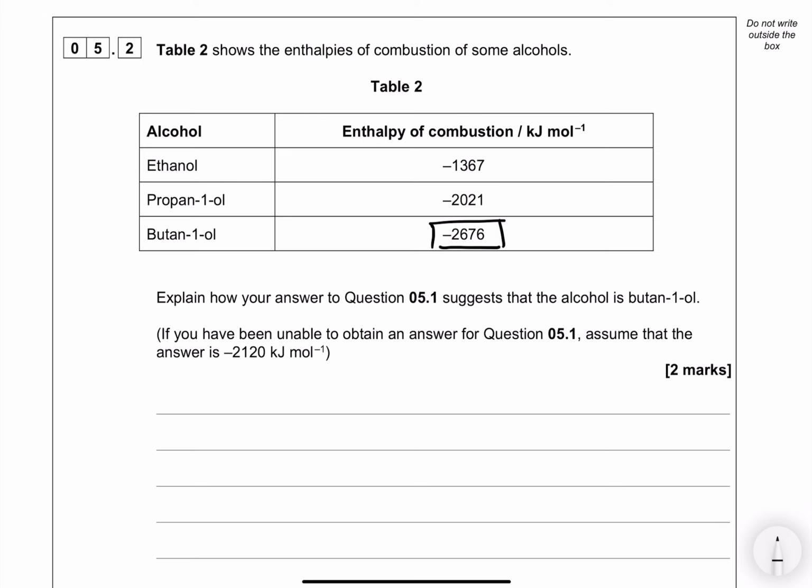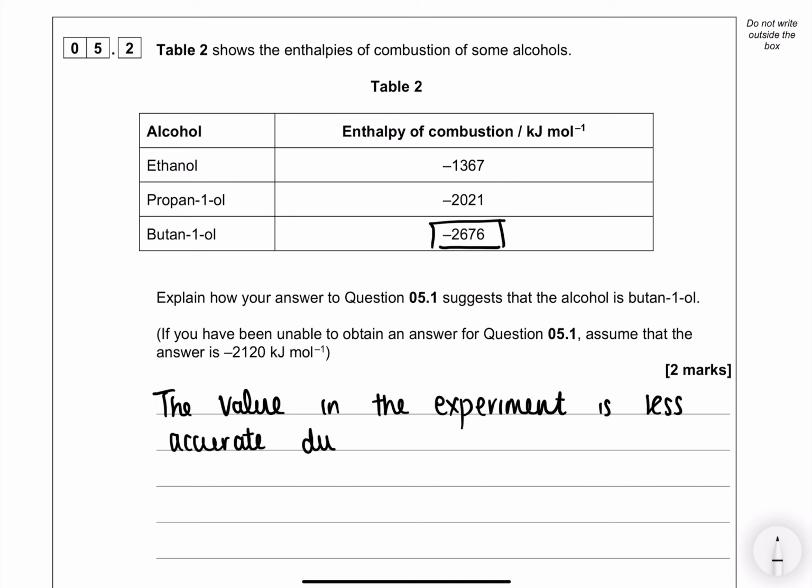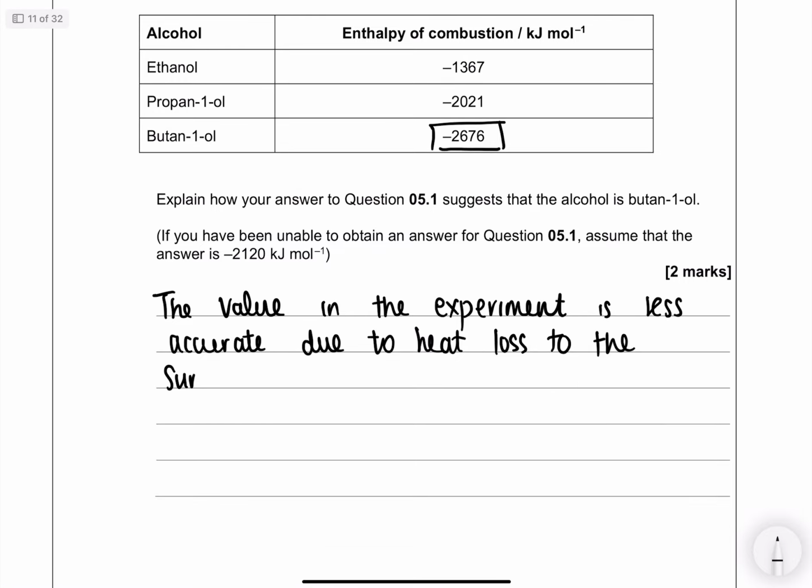So we need to write down something to do with heat loss to the surroundings. So the value in the experiment is less accurate due to heat loss to the surroundings.